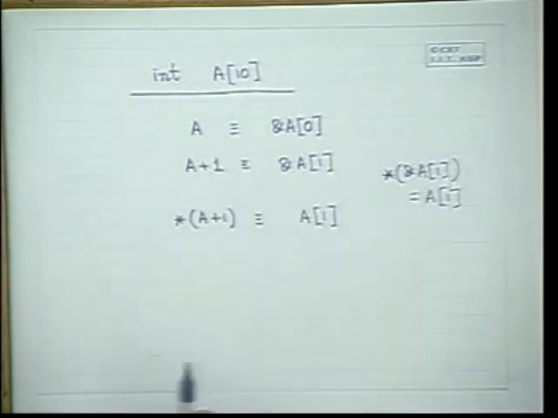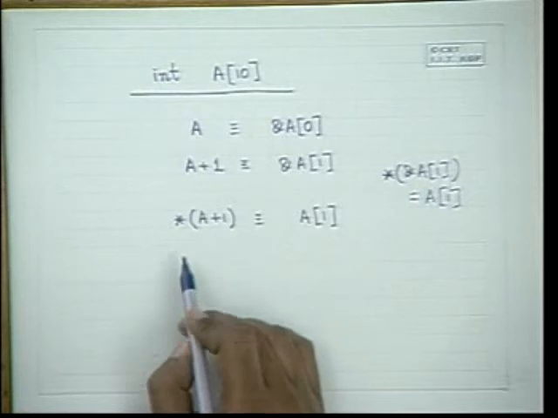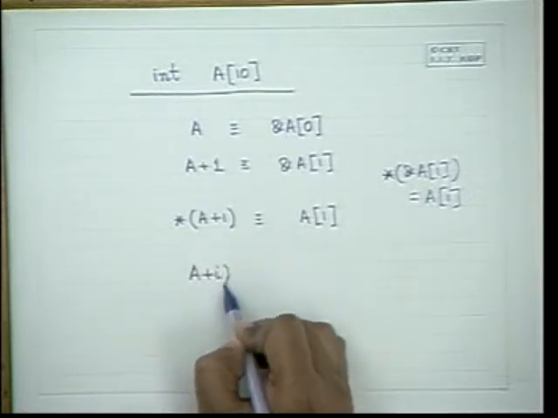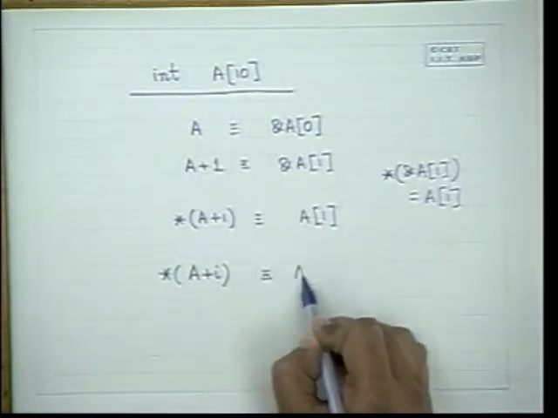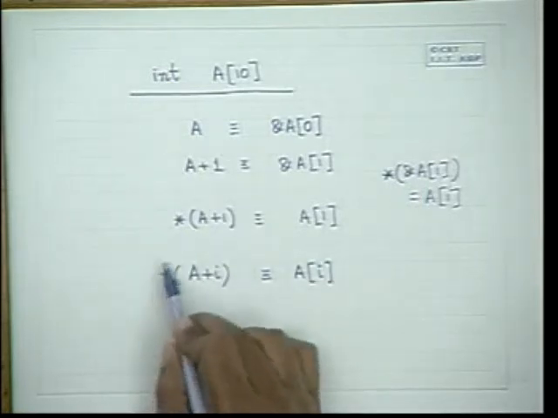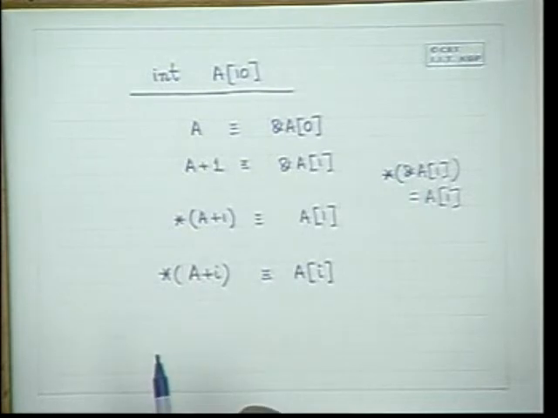So this way, star of A plus I is the same as the value of A[I]. So you can use this also to access an array.